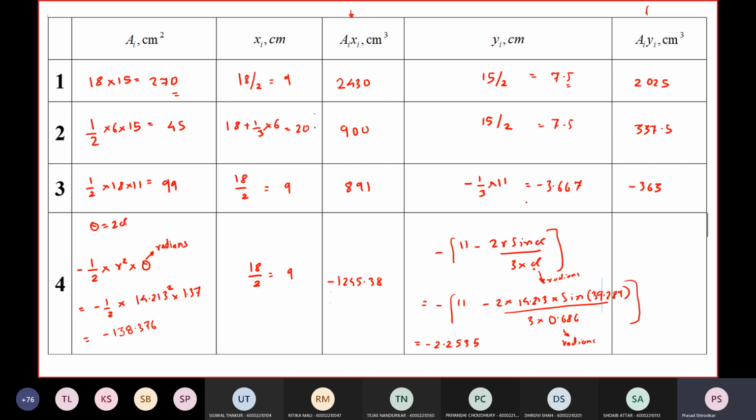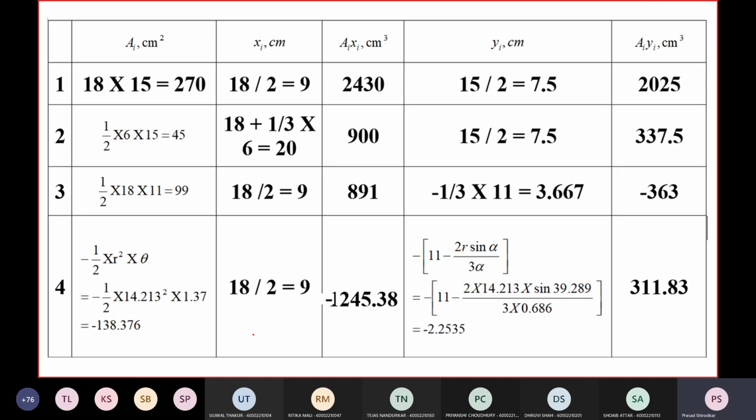But if you directly multiply 99 by one third of 11, you get 363 directly. Okay. Last one: minus 20.25. And 311.83. Correct. So these are all the values.